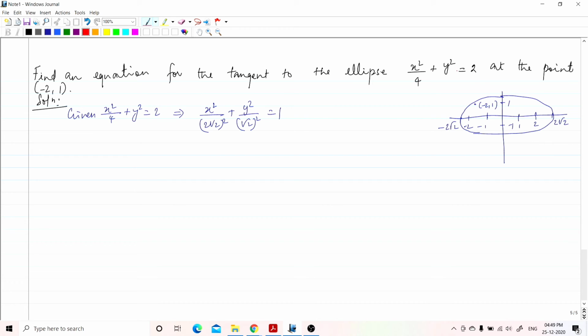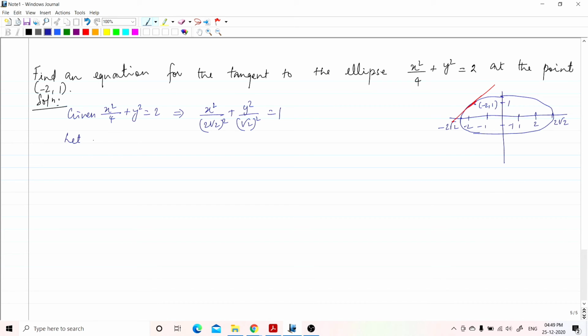If you find the tangent line at this point, it is somewhat like this. Is the problem clear to you people now? Yes, sir. Okay, so how are we going to proceed? That is the question.